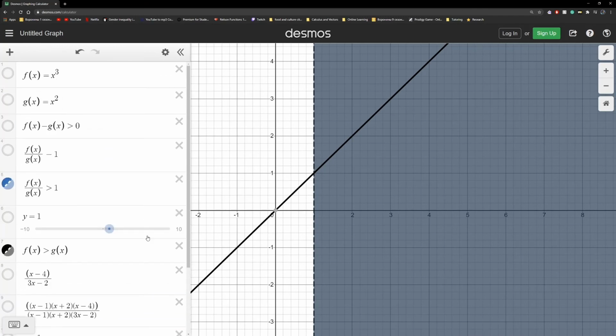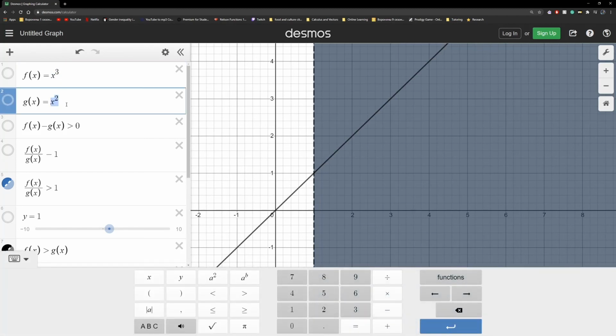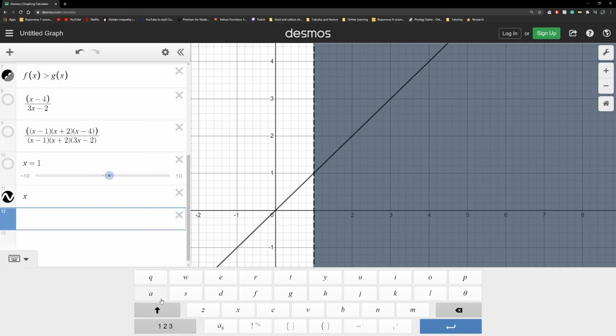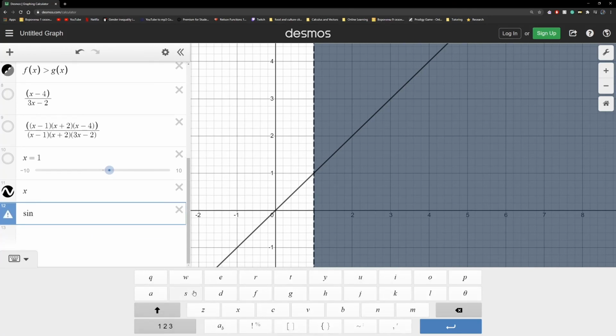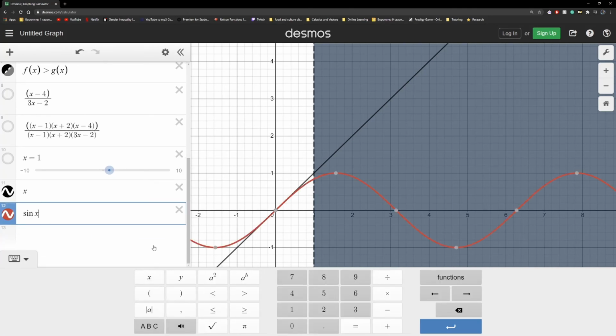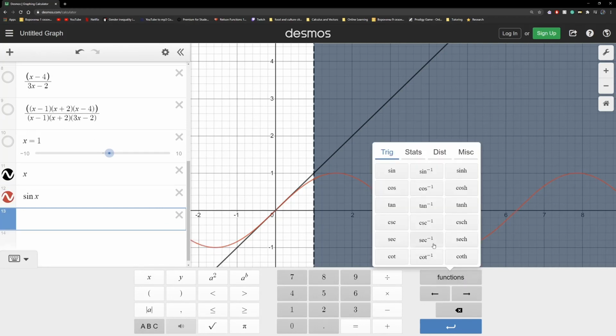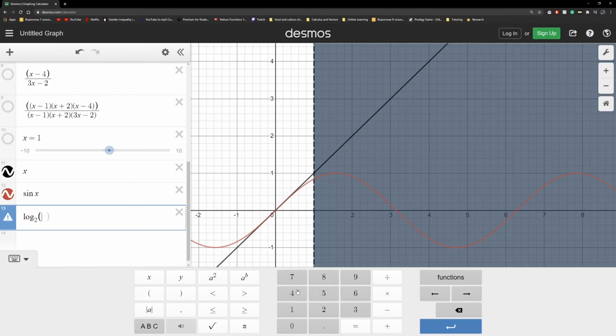The most important thing that you need to take away from this is that every function inequality you will encounter within this chapter, you'd have to use one of these types of methods. If it's a really simple one, like this one here, you'd use the third method. If it was sine of x divided by, let's see, what do we have here? Let's do a log base 2 of x.